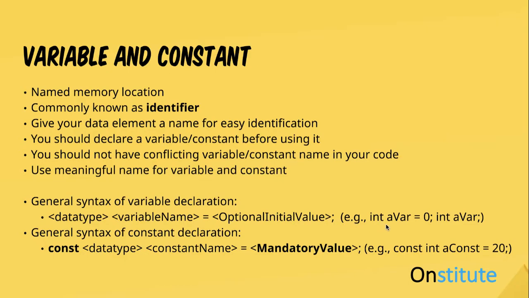For example, here I have declared a variable whose name is avar. The data type of avar is int, and I have stored 0 as an initial value inside this variable avar. However, you can choose not to initialize this variable, like this example.